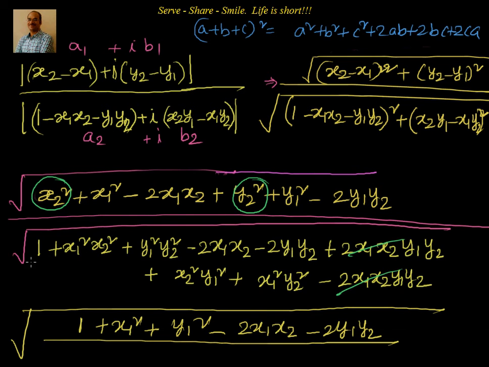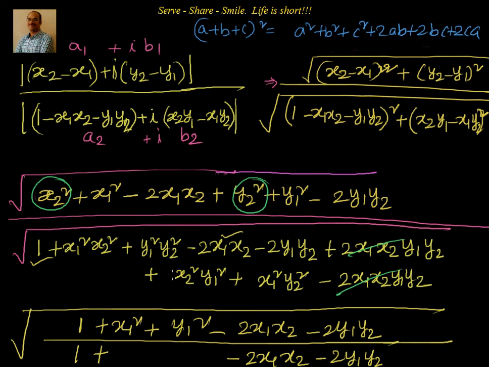Let us see, can we get the denominator same? 1 is okay, and minus 2x1 x2 is okay, this is taken care. Minus 2 y1 y2 is also okay.